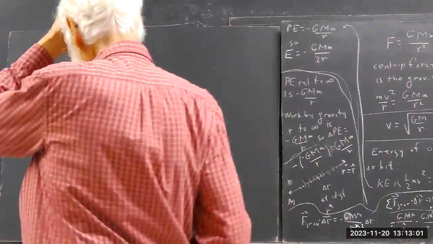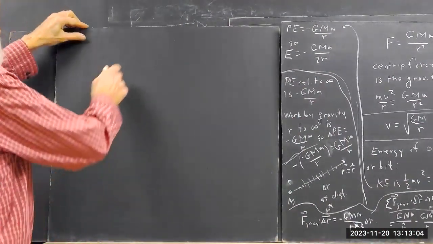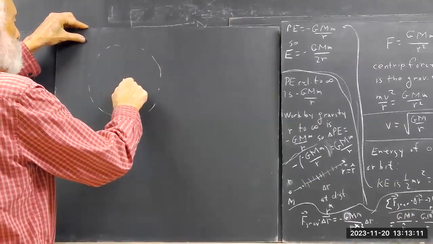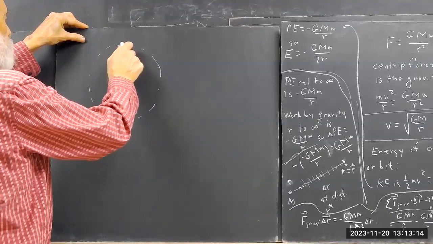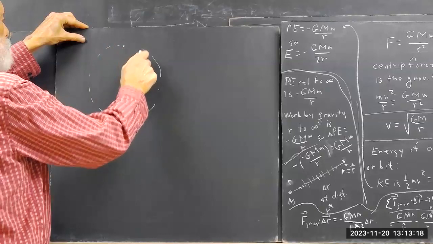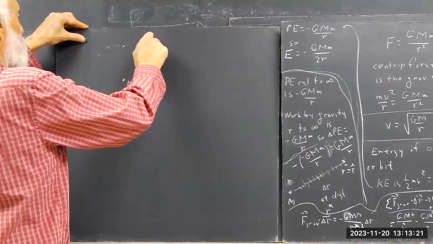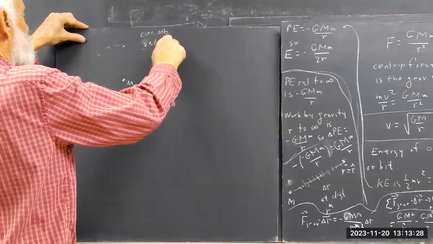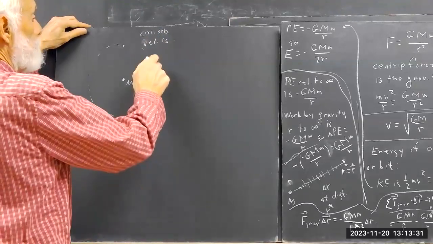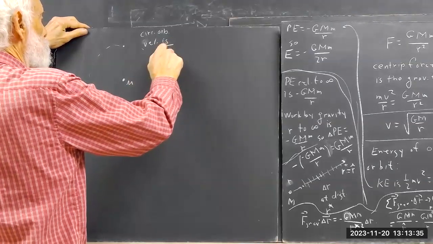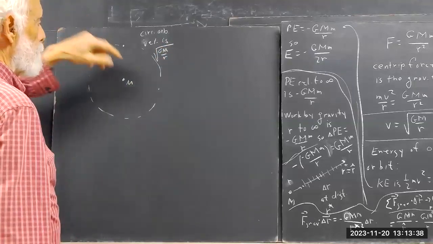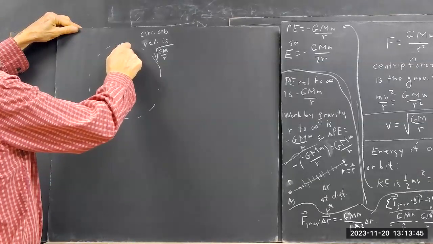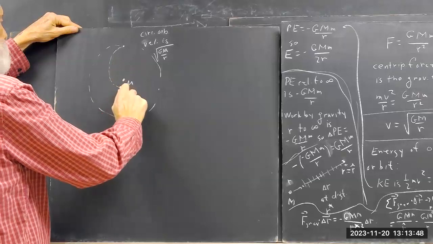Now we see that circular orbit velocity is the square root of big G, big M over R. Now V_i is going to be less than that, so you're going to end up down here.